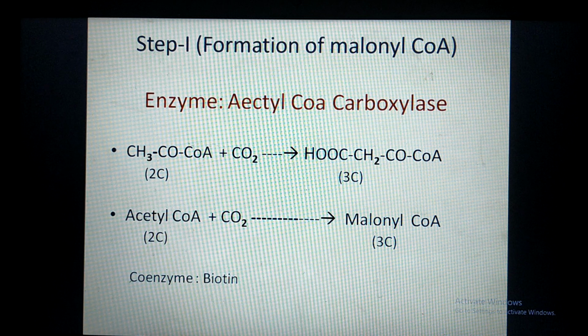Remaining enzymes are present in complex. It is also a rate limiting enzyme of this pathway, or an allosteric enzyme of fatty acid synthesis pathway. Now this acetyl CoA carboxylase requires a coenzyme biotin, just like other carboxylase enzymes.